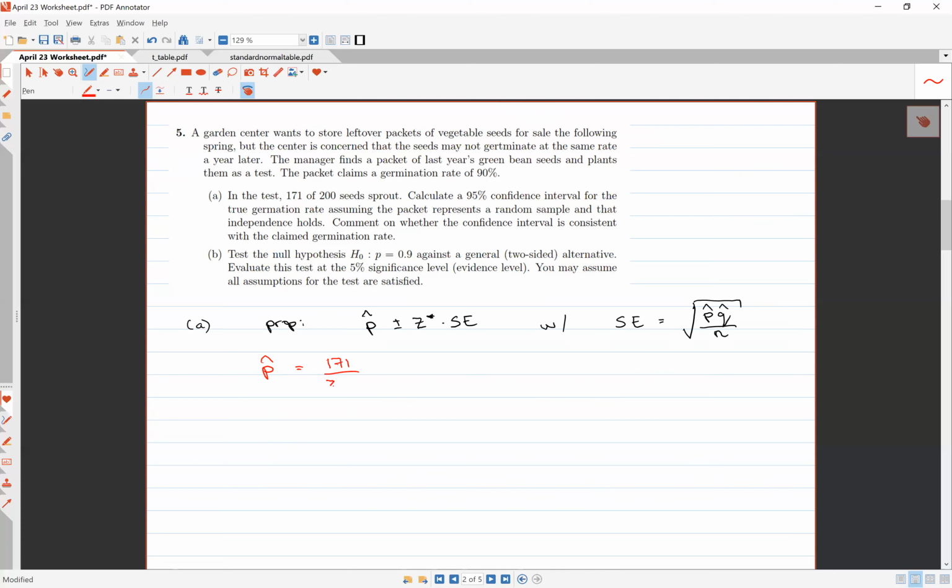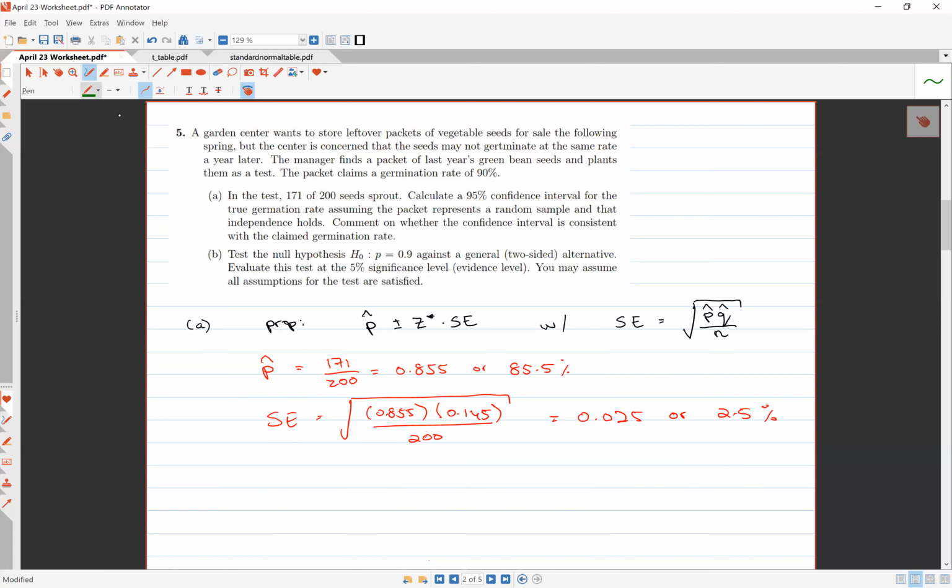Well, that would be the 171 over 200, which in this case corresponds to an 85.5% germination rate. And then our standard error is given by 0.855 times 0.145 over 200, square root of that, and that gives us 0.025 or a 2.5% germination rate.